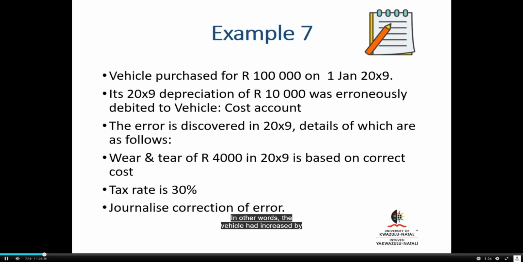In other words, the vehicle had increased by 10,000. Remember how depreciation affects an asset. Who can sponsor me with an answer on how depreciation affects an asset? It decreases the asset. So depreciation decreases the asset. And why does depreciation decrease the asset?